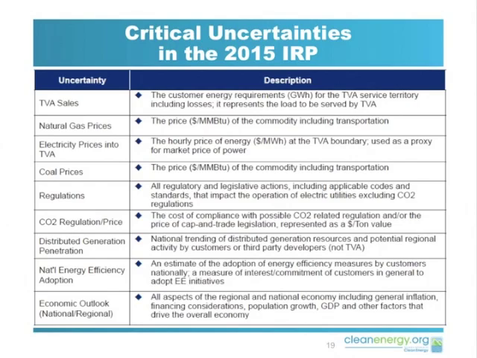National energy efficiency adoption might be coming down the road, and the general economic outlook obviously is a major uncertainty. The economy has kind of been a little bit flat recently. We're hoping, but there are signs that it's going to be growing again, but it's impossible to tell how it's going to work out. So that's a major uncertainty.